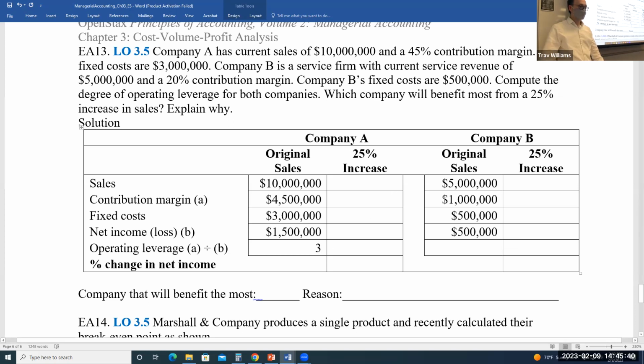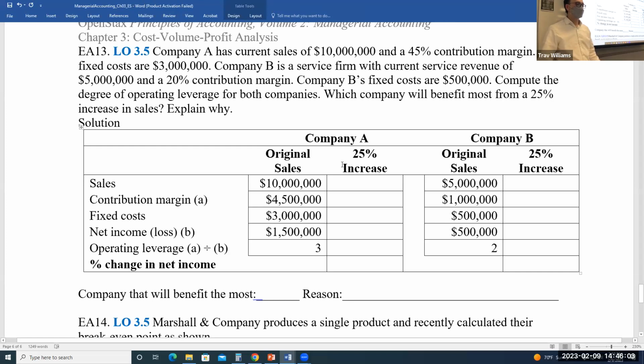Over here, if we take contribution margin of $1 million divided by net income of $500,000, we get 2. So which company has the higher operating leverage? A. Okay, so as sales go up, A should benefit more.